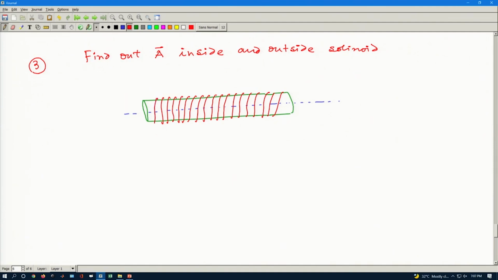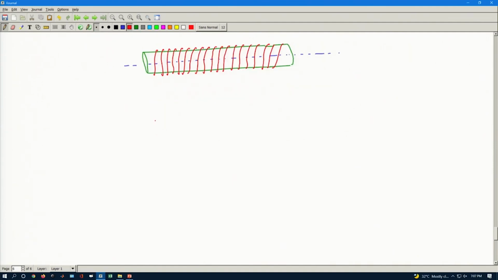So, inside the solenoid and outside the solenoid, we need to calculate the magnetic vector potential. So, B inside the solenoid, the value of B is simply mu 0 Ni.